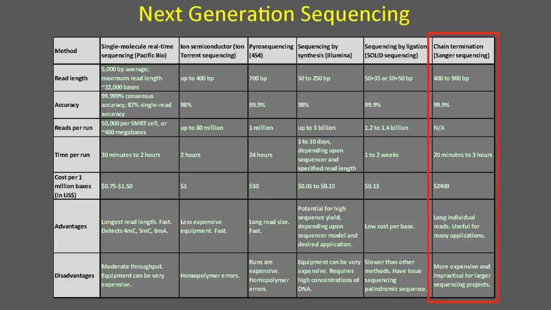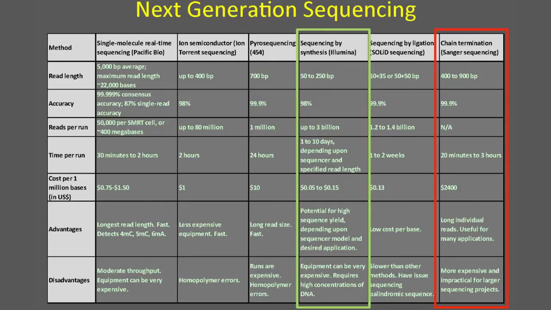And if you look at the different characteristics of the sequencing, you see you get 400 to 900 base pairs, a really nice long piece of DNA, and you get a single DNA read, I will call it for now, a single piece of DNA as an output. So this is the traditional way we used to do sequencing.